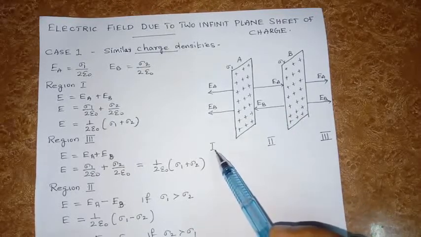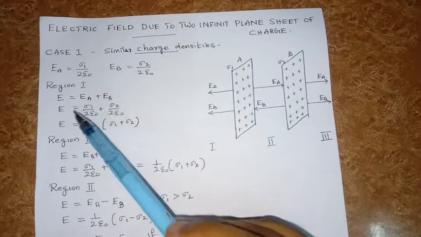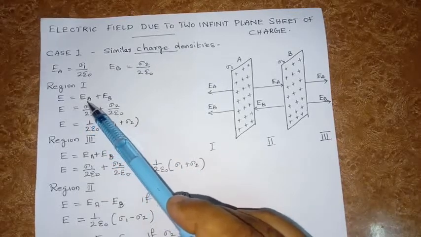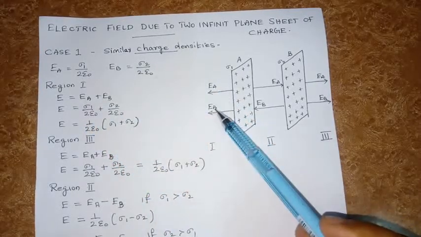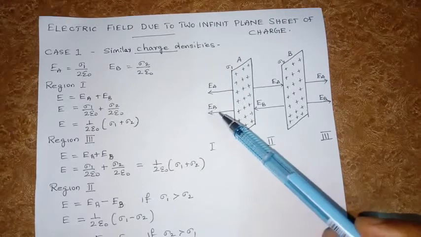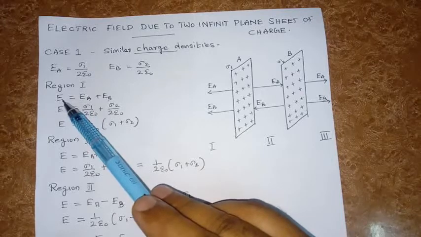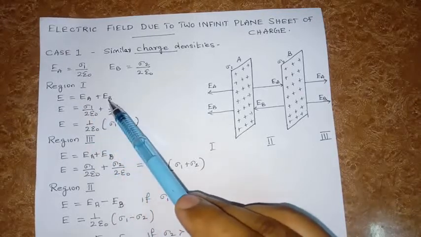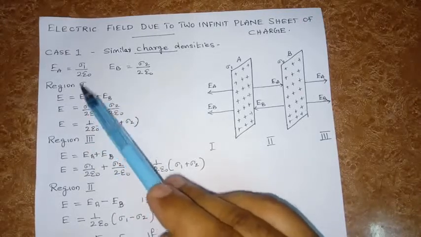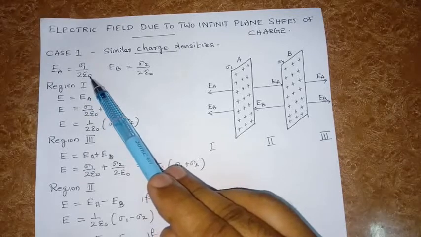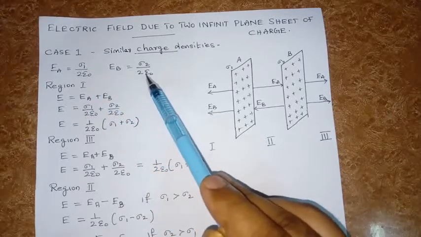Now look at region 1. In region 1, you can see the electric fields EA and EB are in the same direction. Therefore, according to the superposition principle, they get added up. So the net electric field in the region is E equals EA plus EB. What is EA? Sigma 1 by 2 epsilon 0. What is EB? Sigma 2 by 2 epsilon 0.